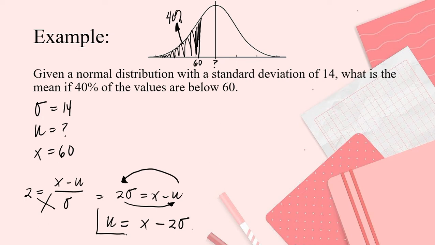And this will be the final formula in solving the mean. Okay. So, now let's proceed with the solution. Para makuha po natin yung mean, ano muna ang una natin gagawin? Hahanapin muna natin syempre yung value ni Z.